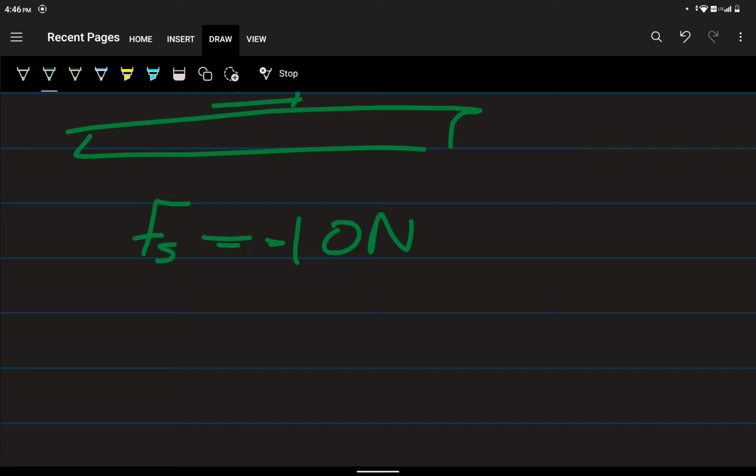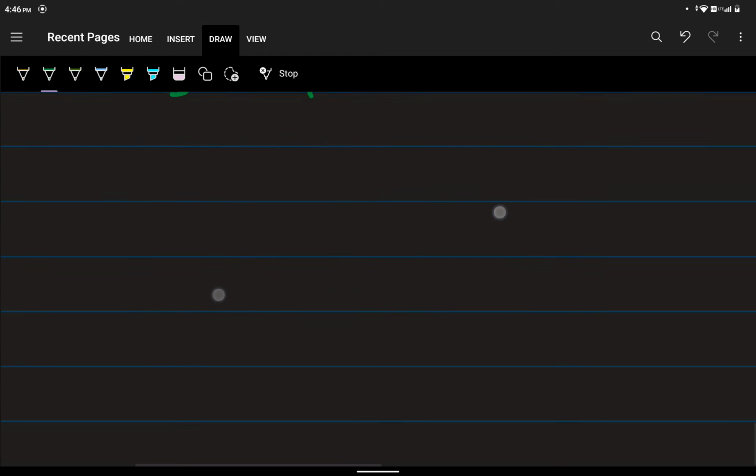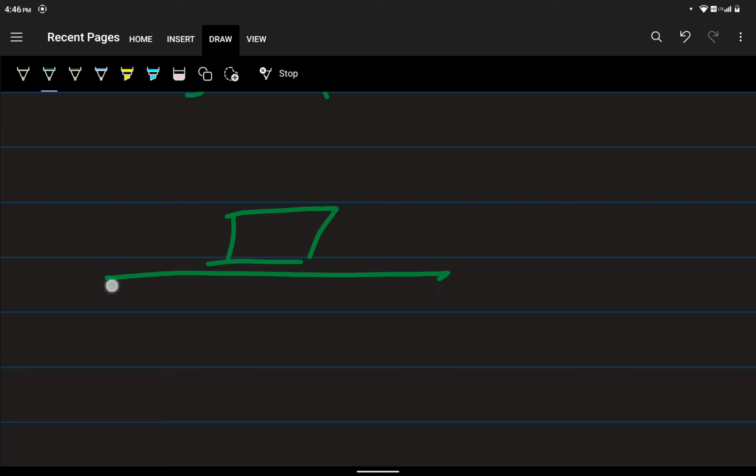And then they say that the static frictional force is a maximum just before the object starts to move across the surface. Okay, so let's say someone applies a force of 15 newtons, but this object is just about to move.